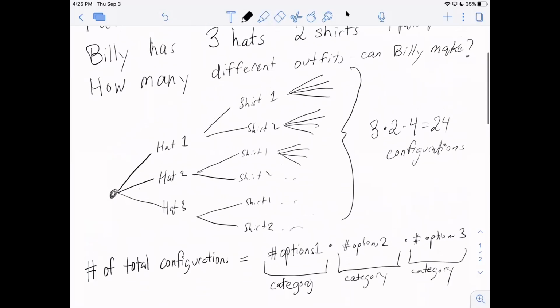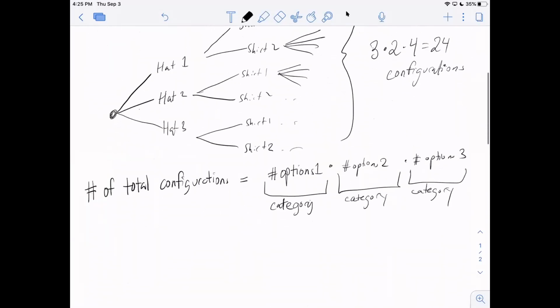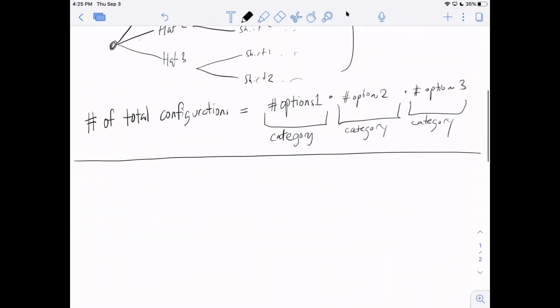Okay, so let's now apply this counting principle to a slightly different problem. There is a house with 3 different doors, like a kitchen door, a backyard door, and a side door. Three doors on the exterior.